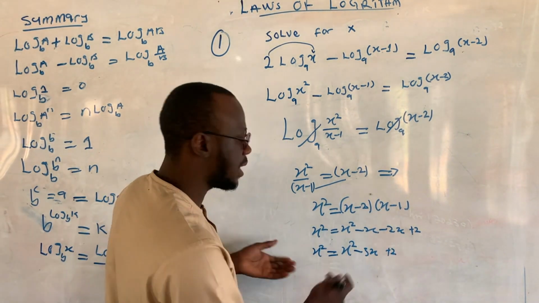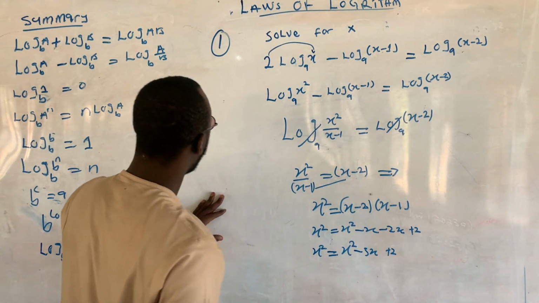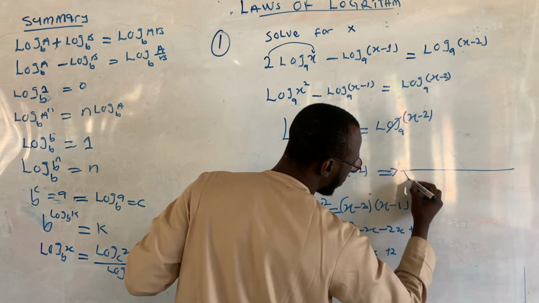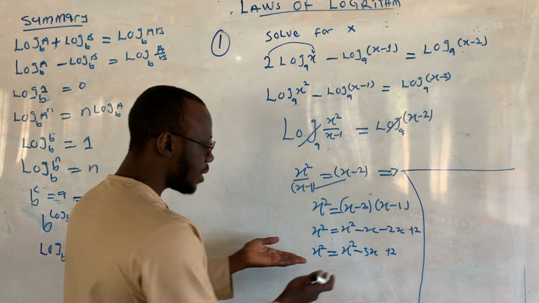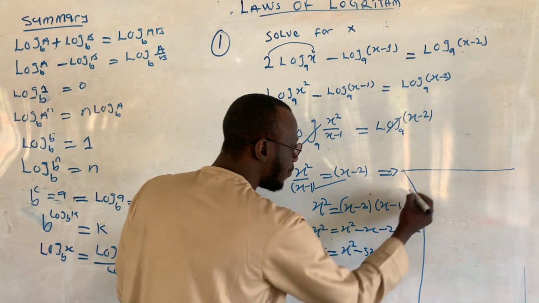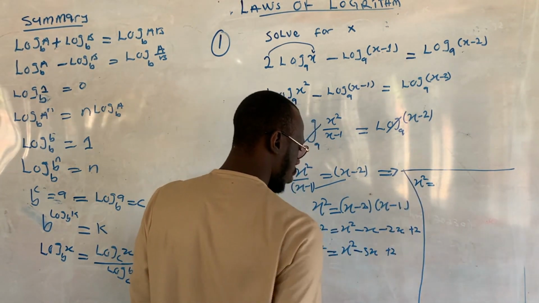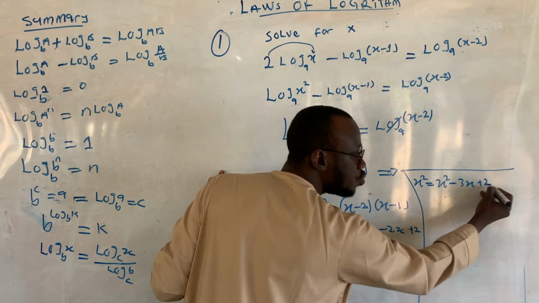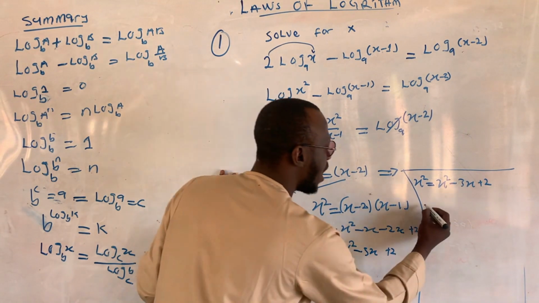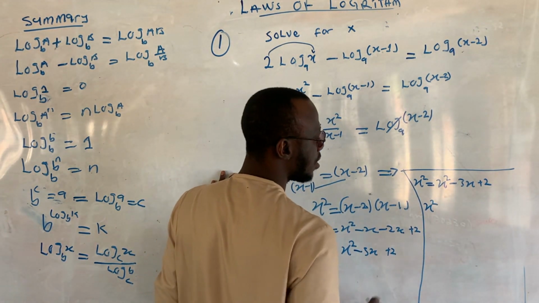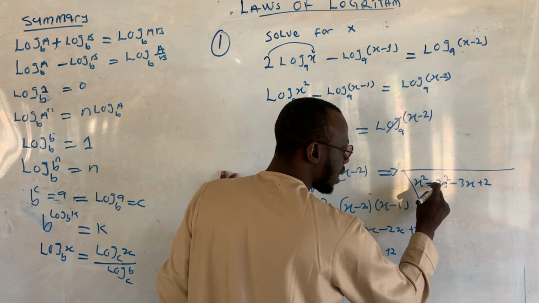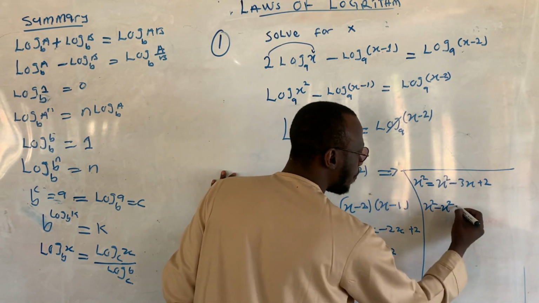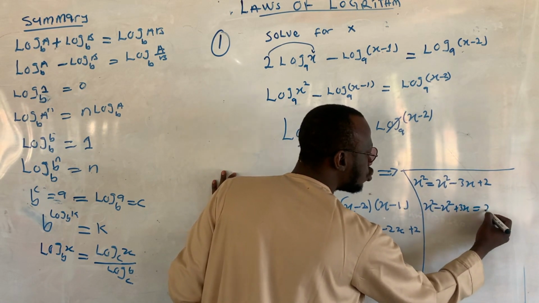We collect the like terms. The terms regarding x should come to this side. Here we have x squared equals x squared minus 3x plus 2. This x squared will cross the side and become minus x squared, and the 3x will come here plus 3x equal to 2.